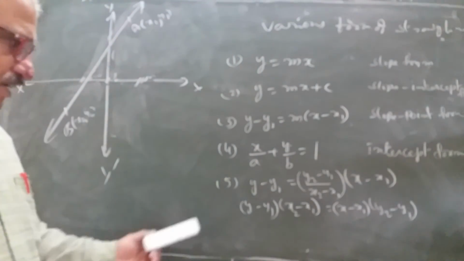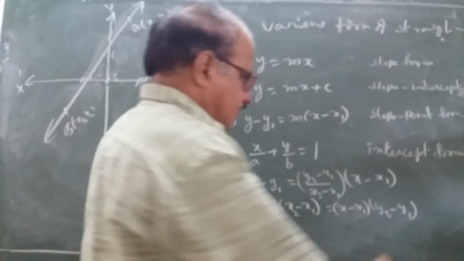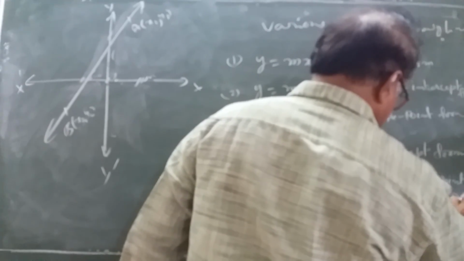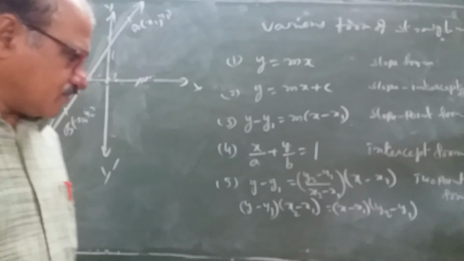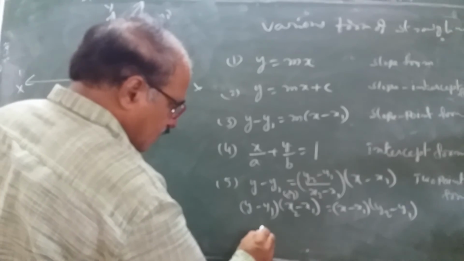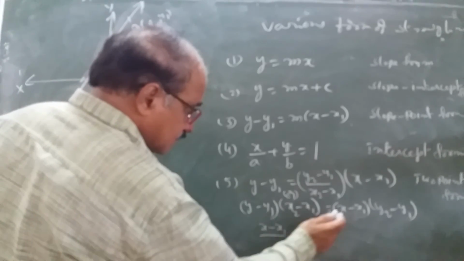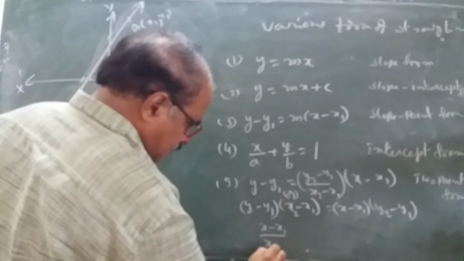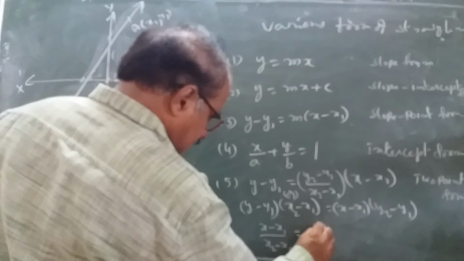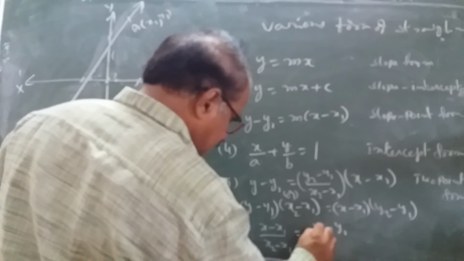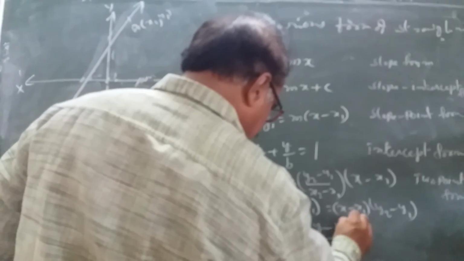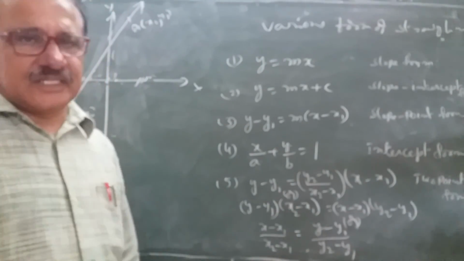In this way, we can find this 2 points form, the equation of a straight line in 2 points form. Or in other words this can be written as (x minus x1) by (x2 minus x1) is equal to (y minus y1) by (y2 minus y1), or any one of these three, right?